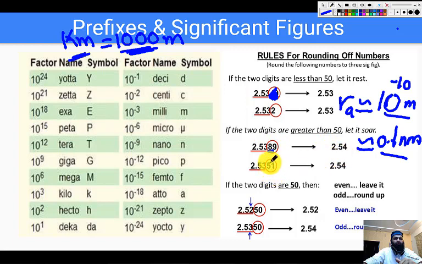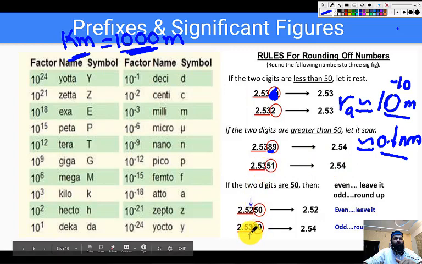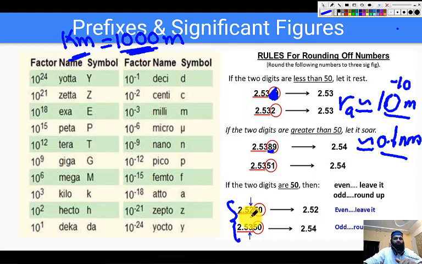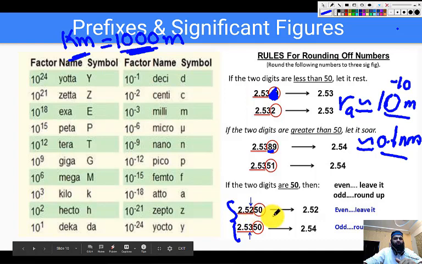And if the last number is 5, then again we add 1 to the 3, but this adding 1 is when the preceding number is odd. If it is even, we won't add 1. This is the part where it gets a bit tricky, but you might have already learnt it during your FSC, the technique of rounding off numbers into significant figures.